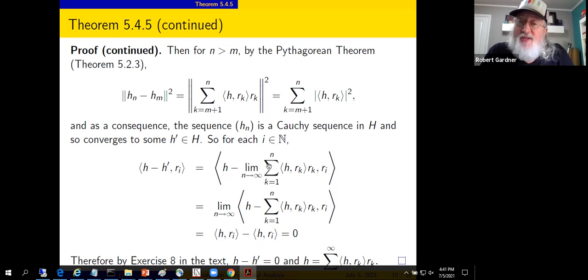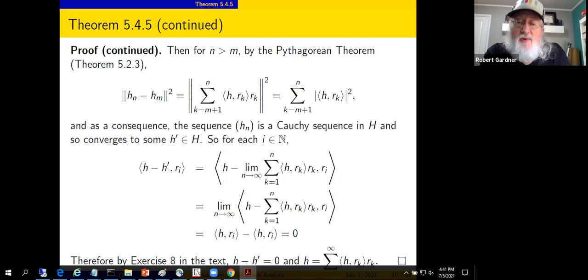So it produces a series, but let's leave it at a limit of this form. So that's substitution. H prime is the limit of this sequence of partial sums. We got the R sub i on the right. You can bring that limit out of the inner product. Inner product is continuous. That's an exercise. That's a fact.